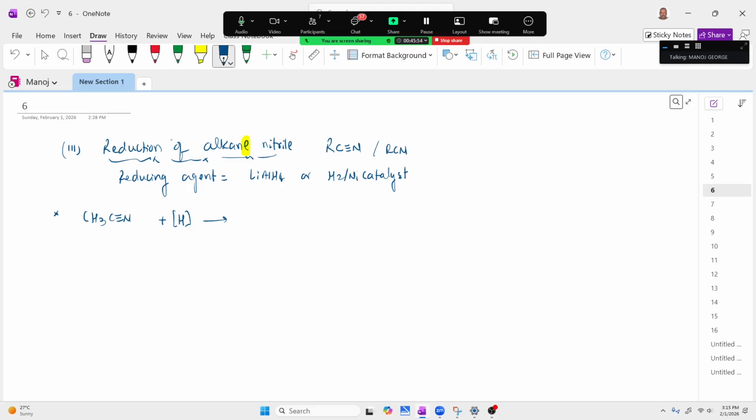The moment I do that, you must understand that's coming from a reducing agent. So my reducing agent, let's say, is lithium aluminium hydride. Now what happens is this carbon, you're going to supply two hydrogens. This nitrogen, you're going to supply two hydrogens. So every time you do this reaction, you just put 4 in front.